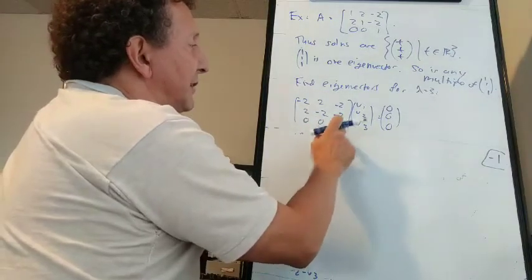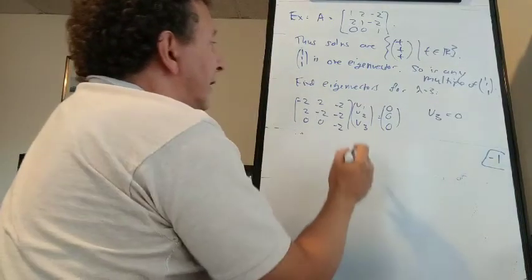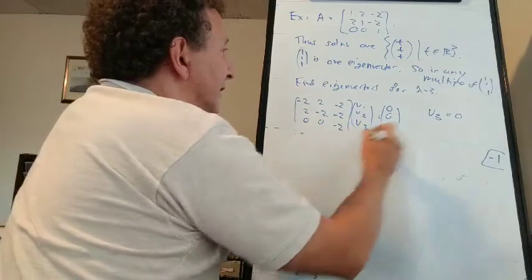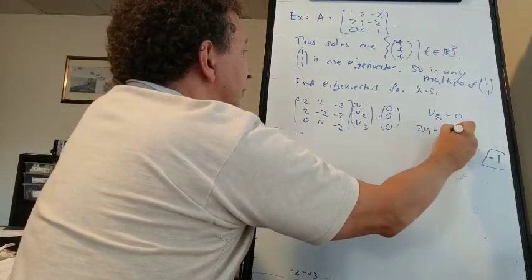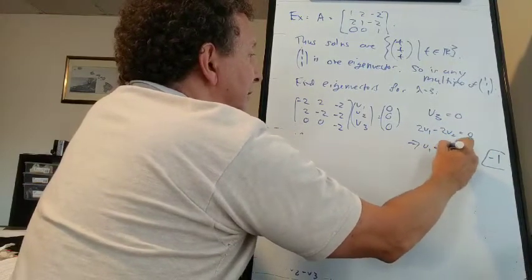The last equation says v3 equals 0. And then if v3 is 0, the second equation says 2v1 minus 2v2 equals 0. So that means that v1 equals v2.